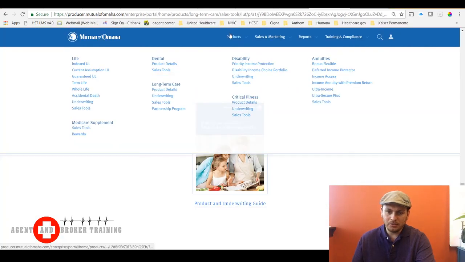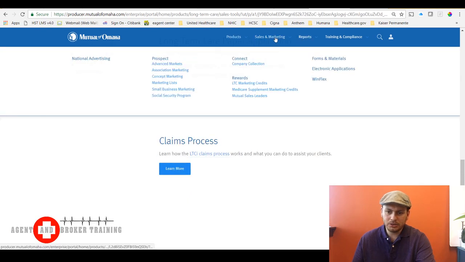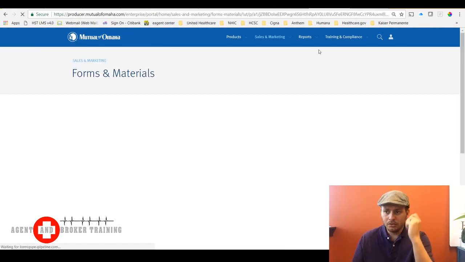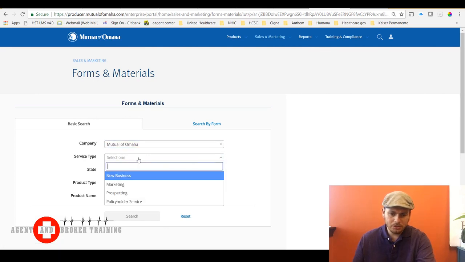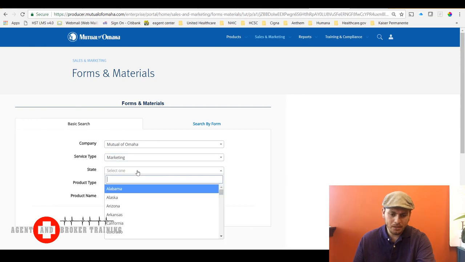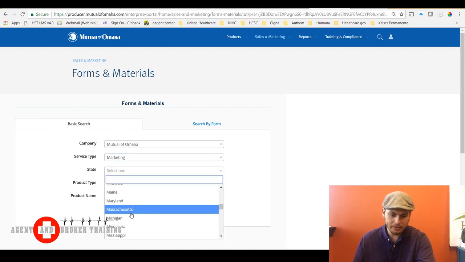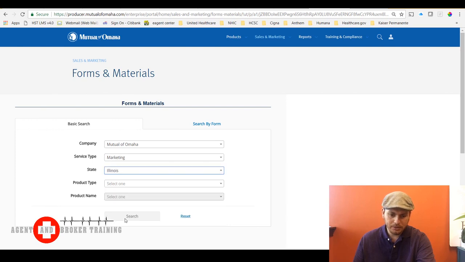I'm going to go here. Forms and materials. Okay, sales materials, forms and materials. We're going to go company, Mutual of Omaha. It's going to be marketing. We're going to pick your state, right? Let's do Illinois because I'm in Illinois.